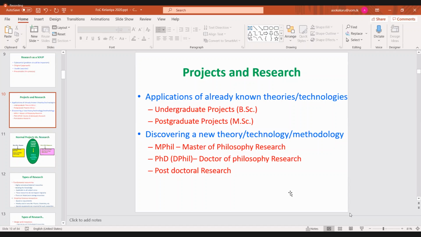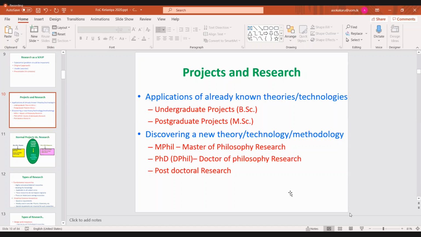But if you come up with a new theory or new concept, then that work is research. For your BSc and MSc degrees, you are doing projects. But for your MPhil, PhD and postdoc areas, you are doing research.